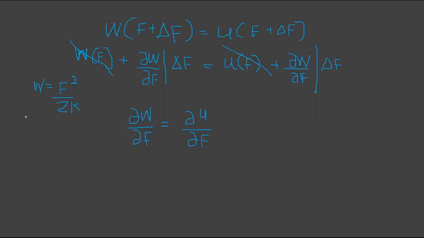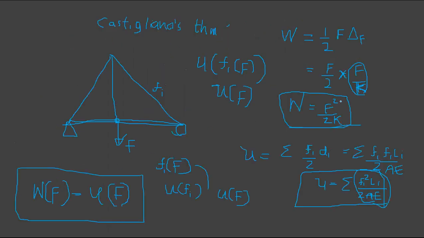So partial differentiation is nothing different from the usual differentiation. The only thing is you subject it to the correct variable. So F squared is differentiated, that's going to be 2F, and that's it. The partial derivative is going to be F over K. So you know what this F over K is?